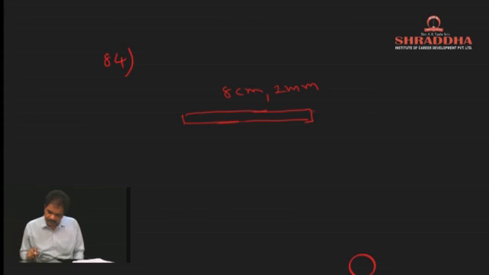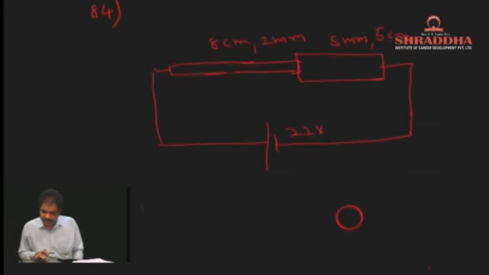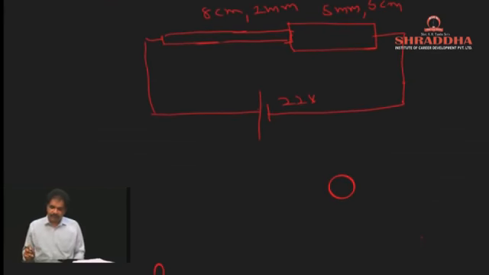Here one more wire is there. Diameter is 5 mm. Its length will be 5 centimeter. These two are connected across a battery of 22 volt. Then they are asking what is the potential difference across the first wire, the longer wire.